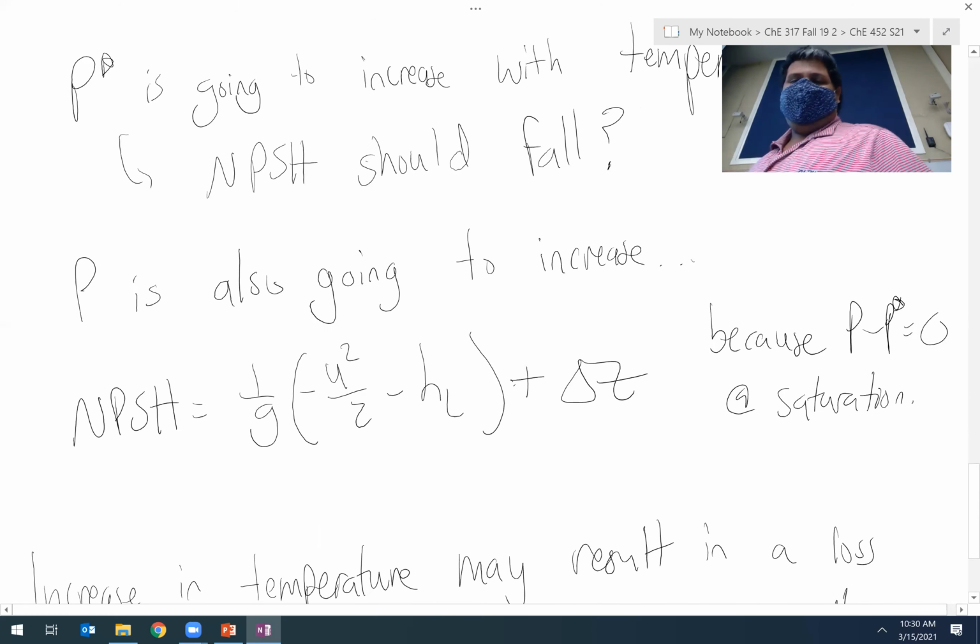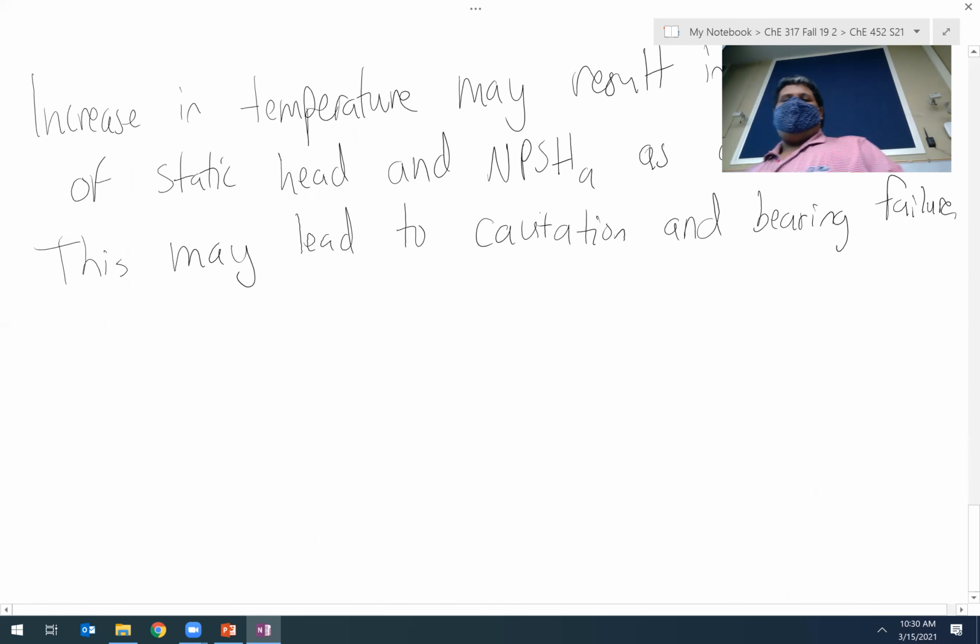And so if this is the case, what's the solution? How do I fix it?